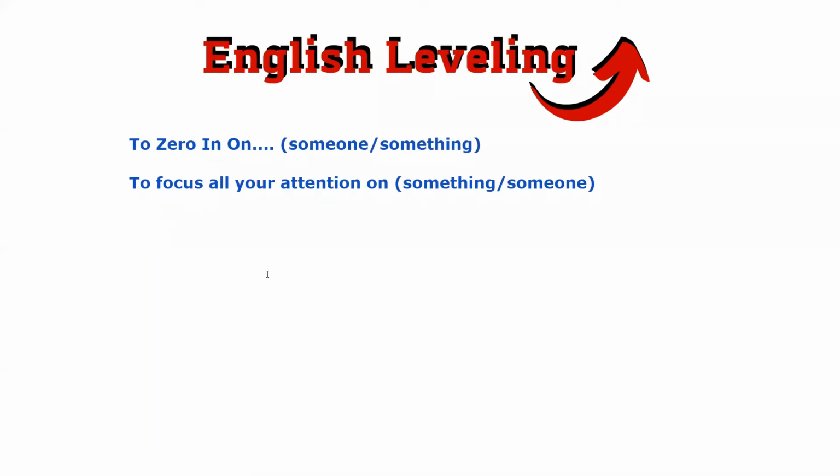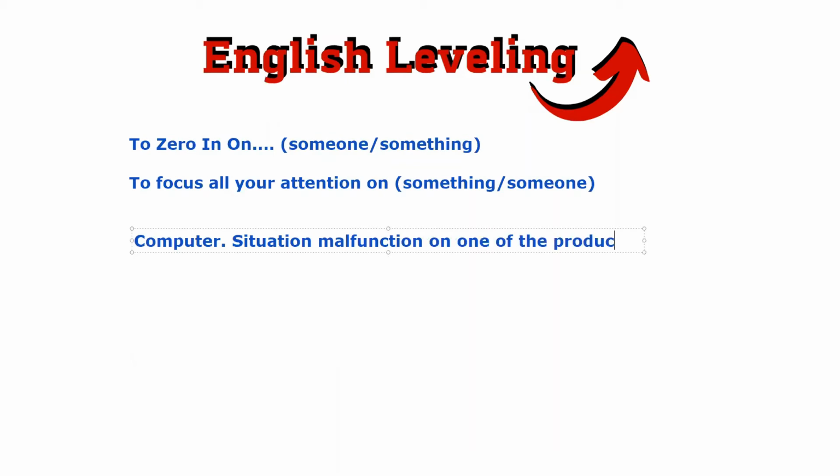This company, a big computer company, had some type of malfunction in one of their products.